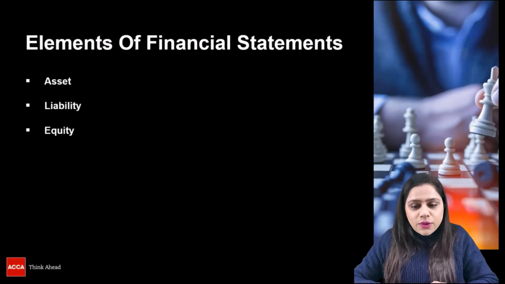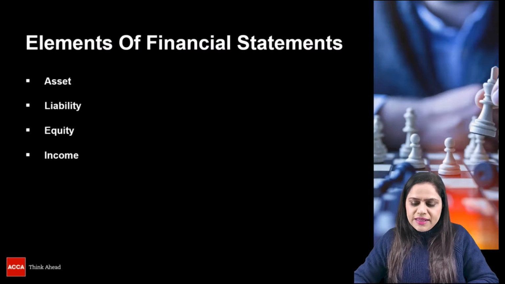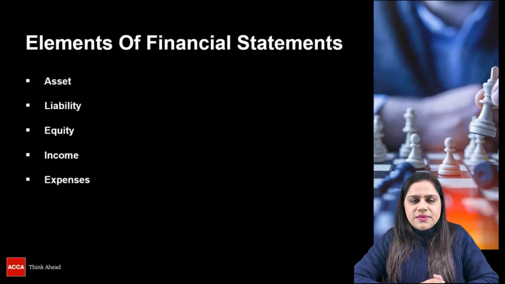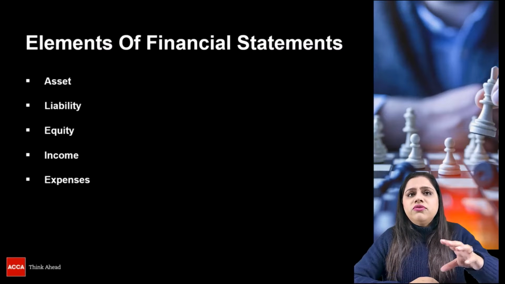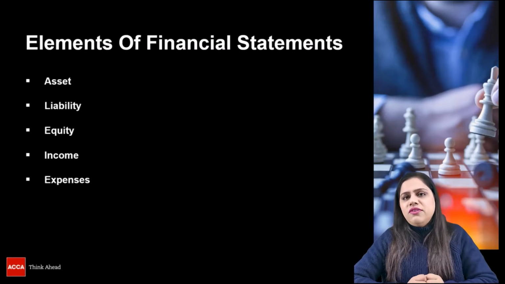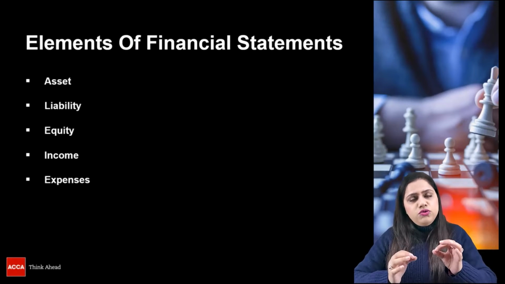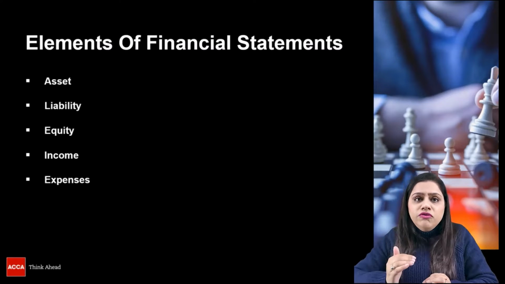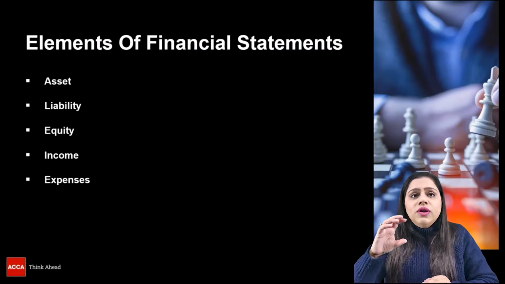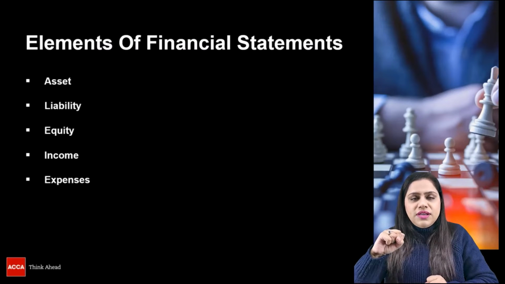Then we have equity, and we have income, and then we have expense. So any business that you pick up anywhere in the world, the double entry is going to fall within these 5 elements of accounting. So if you know correctly what these elements are and what their movement is related to, you can do the accounting of any entry.